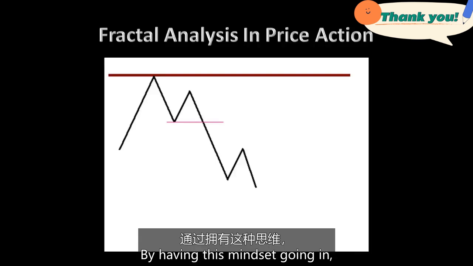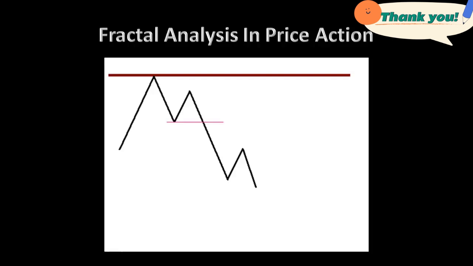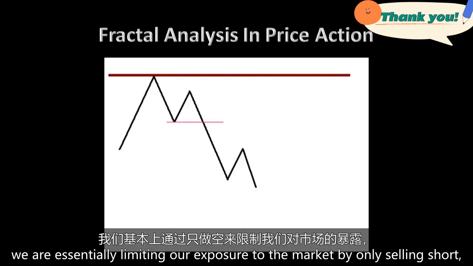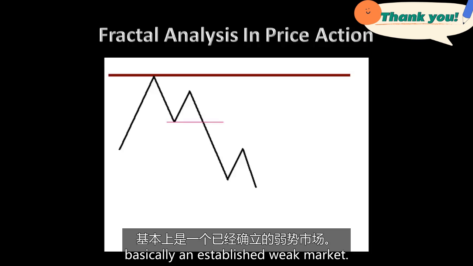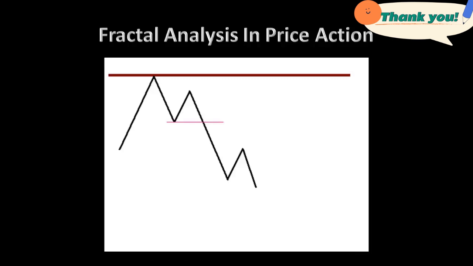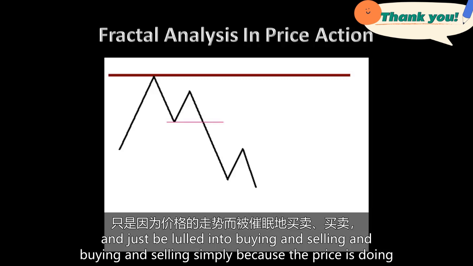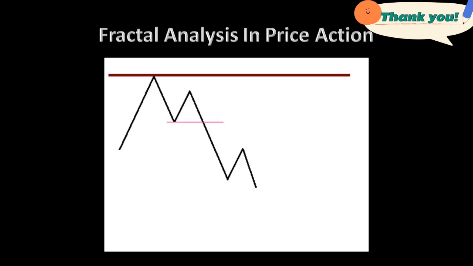Okay, so by having this mindset going in and trading during consolidations, we're essentially limiting our exposure to the market by only selling short, basically an established weak market. And we have a bias going into our analysis, so we're not going to be subjective and just be lulled into buying and selling simply because the price is doing whatever it's doing at the time we sit down in front of our monitors.